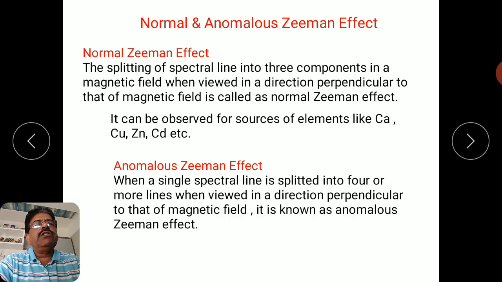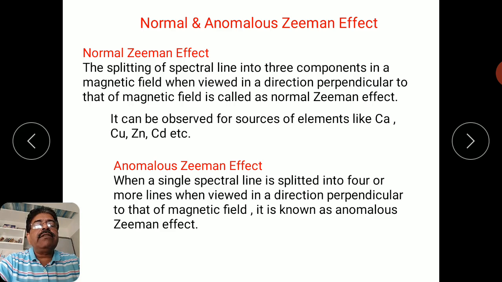And what is the anomalous Zeeman effect? When a single spectral line is split into four or more lines when viewed in a direction perpendicular to that of the magnetic field, it is called the anomalous Zeeman effect. So a single line is split into more than three lines.